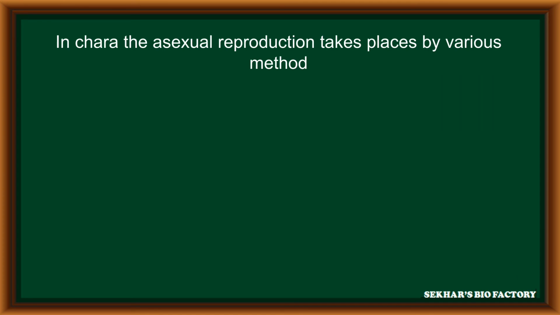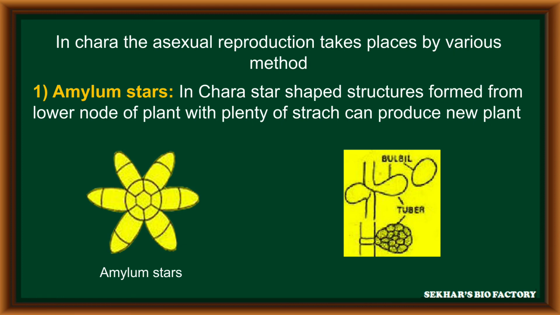In Chara, asexual reproduction takes place by various methods. The first method is amylum starch. Star-shaped structures with plenty of starch are formed from the lower node of the plant. These star-shaped structures are called amylum stars. They have the capability to produce a young one.